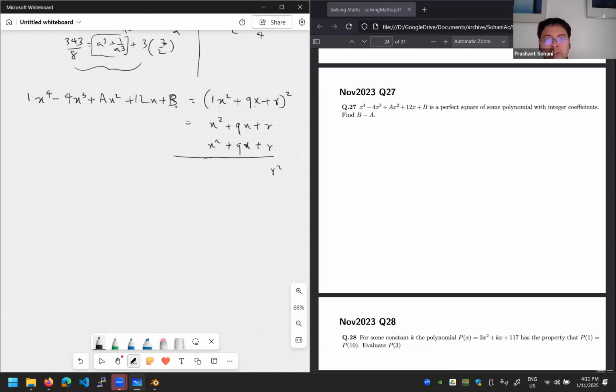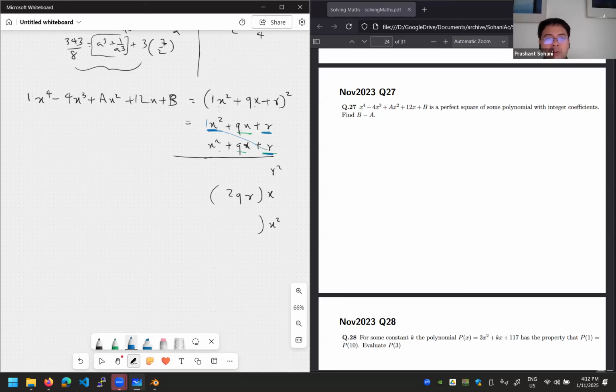Then for the term with x, the only possibilities are cross multiplications: qx into r, or this into this, qx into r. Combining both, I get 2qr. In this way you save some time in this calculation. For x square, how many ways are there to obtain it?